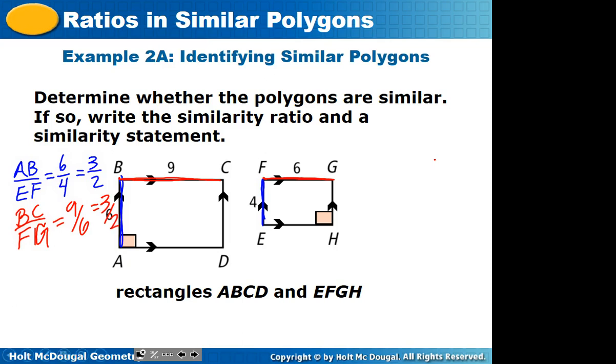And again, the relevant piece of this is that the 3 over 2 is equal to the 3 over 2. And when that's the case, again, our 2 conditions are met. We have both pairs of sides that produce the same ratio. And our first condition was that all the angles in both polygons are congruent, and that is also the case because they are both rectangles.